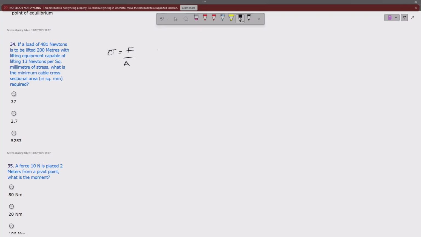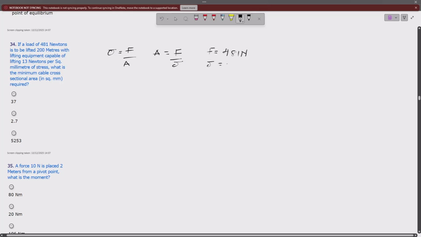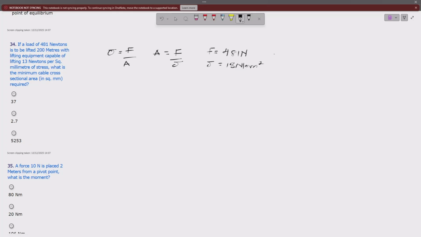Now area will be force divided by stress. So we have our force, our force equals 481 newtons, and our stress equals 13 newton per millimeter squared.